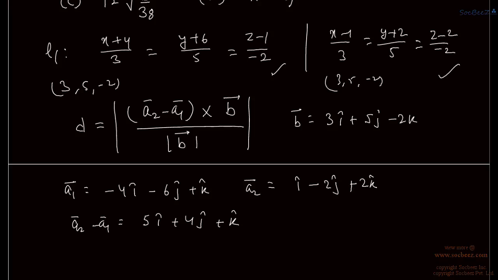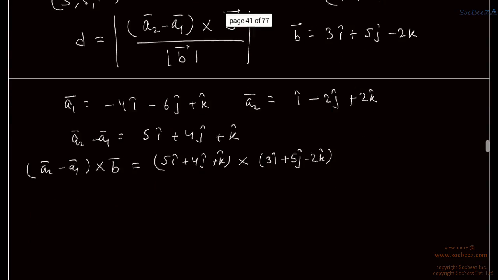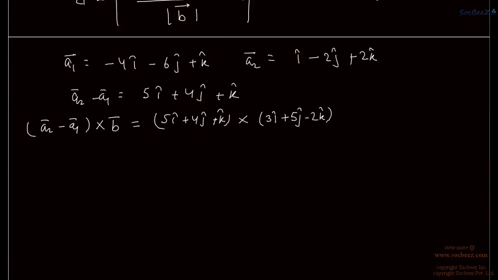So we have A2 minus A1 vector cross B vector is equal to 5i plus 4j plus k cross 3i plus 5j minus 2k vector. Okay, so taking the cross product, we will be getting 5i cross 3i 0, 5i cross 5j 25k, 5i cross 2k minus 10, and ik is minus j, so plus 10j.